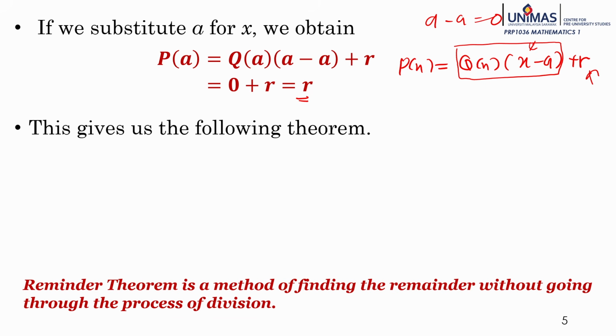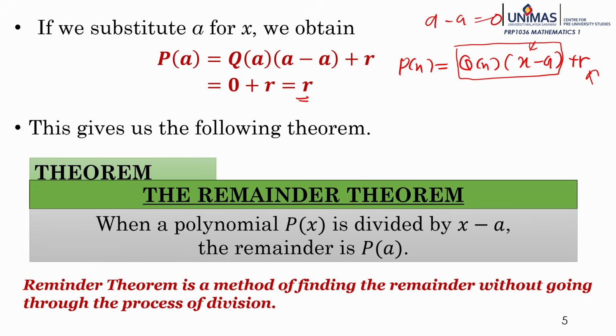So this gives us the following theorem. The remainder theorem: when a polynomial P(x) is divided by x minus a, the remainder is P(a). That means we substitute the value of x as a, and then we can get the value of r.